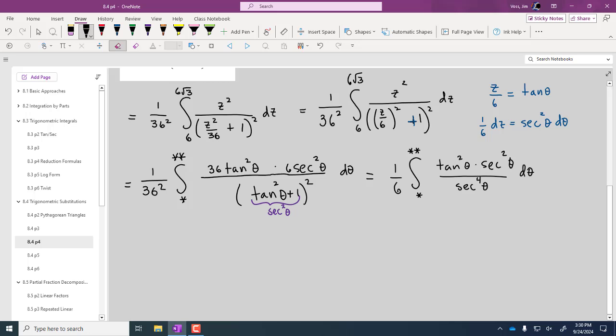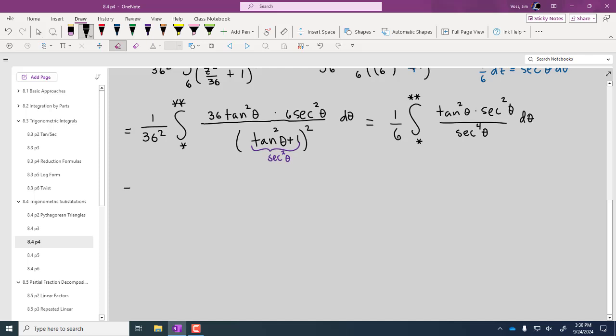So we've got that. And cancel out a secant squared. Sounds good. And that gives us tan squared over secant squared. So we've got that.